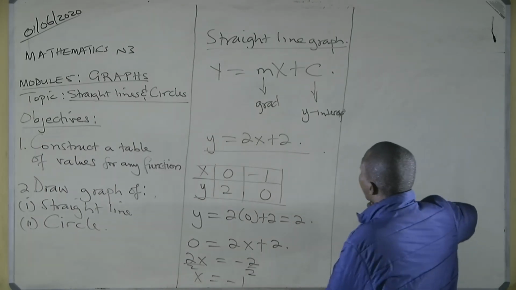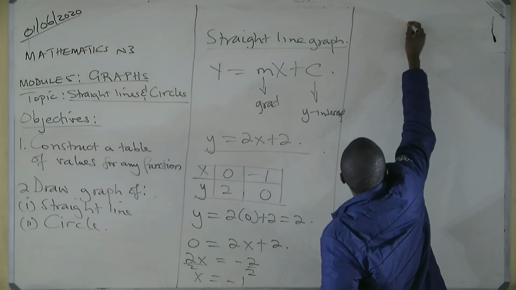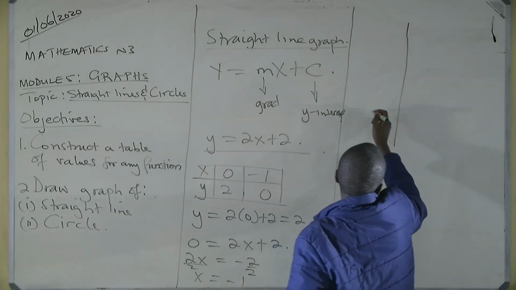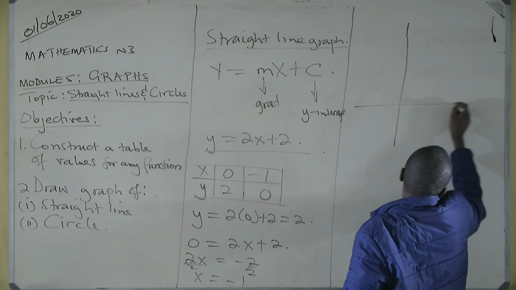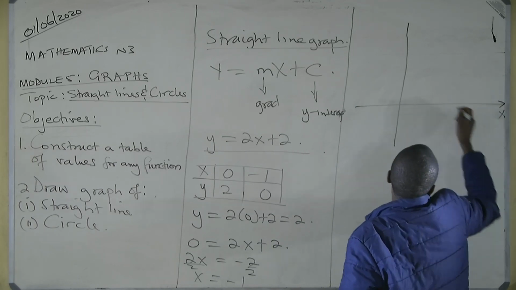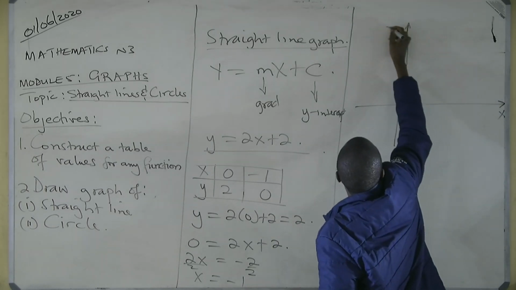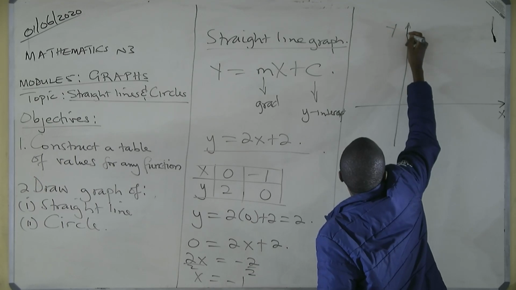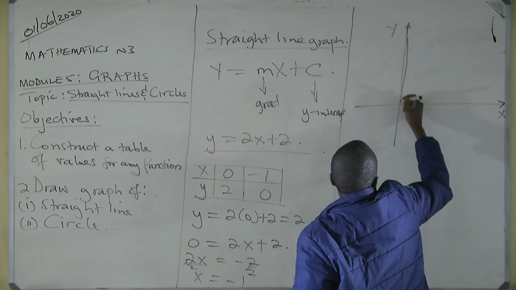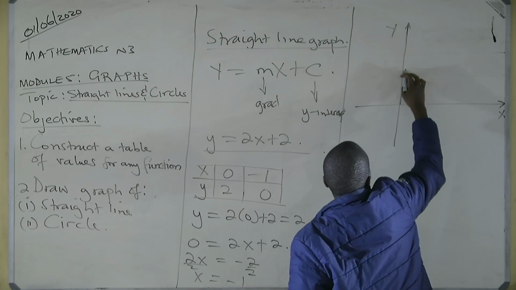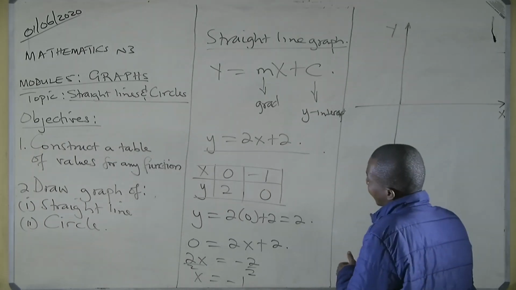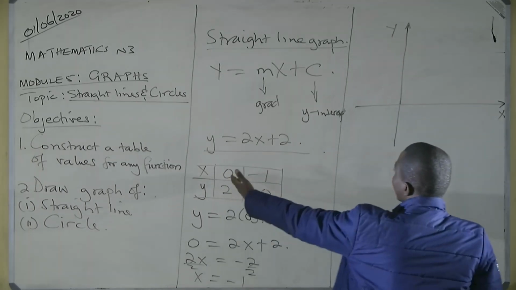Now, having that information, we can draw our axes nicely with a ruler. Then we label them. We need to label these axes so that we know. After that, you cross-check roughly.